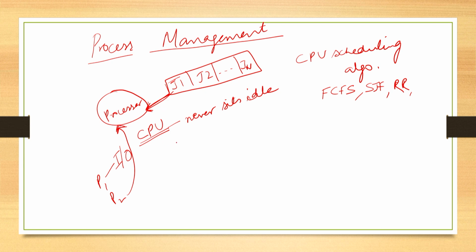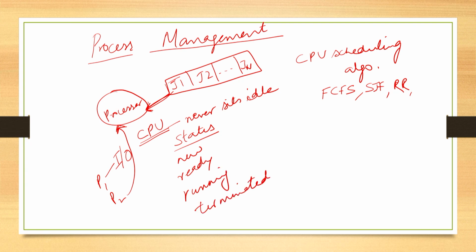For that, we should have an idea of what are the states of the processes in a system, whether it is a new or it is a ready, running, termination, or you can say terminated state, that is it has completed its execution, or the waiting state.